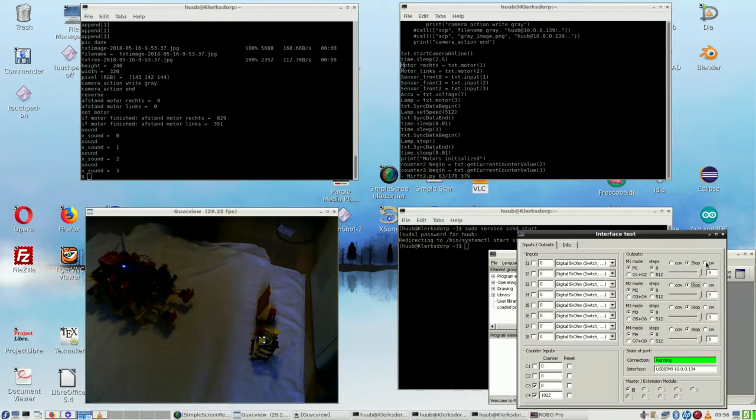M1. Wait, which one is this? That's obviously the left side. That is the left side which goes. M2 is left.